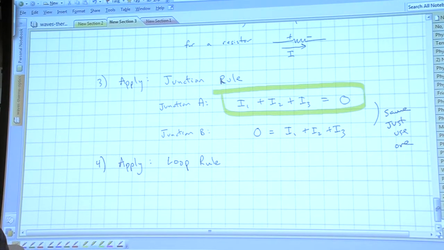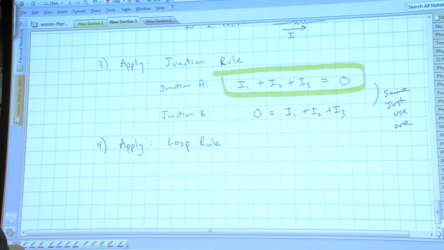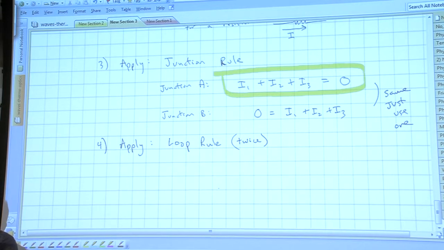And now we can apply a loop rule, but we have to do it twice because we need 3 equations. So in this circuit, there are actually 3 loops you could use.